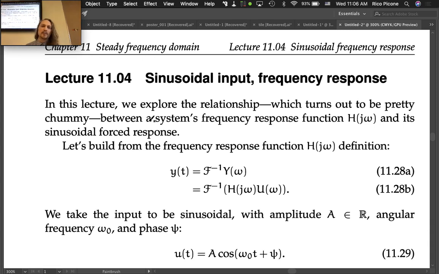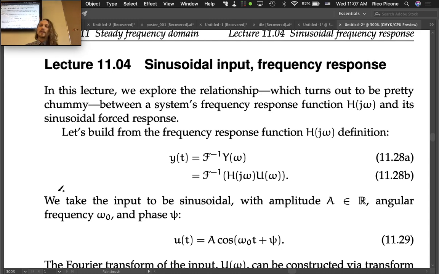In this lecture, we explore the relationship, which turns out to be pretty chummy, between a system's frequency response function, H of j omega, which we defined last lecture, and its sinusoidal forced response.